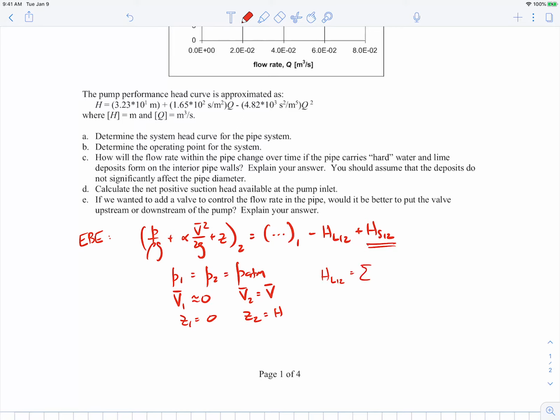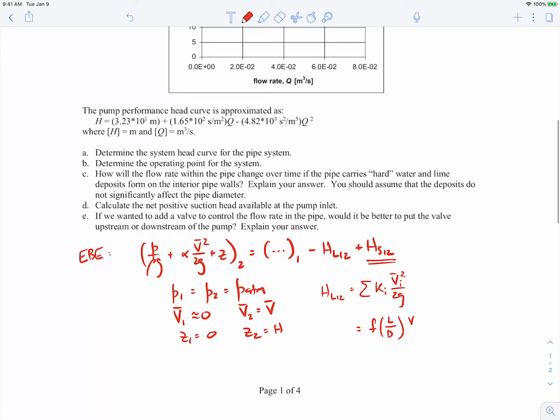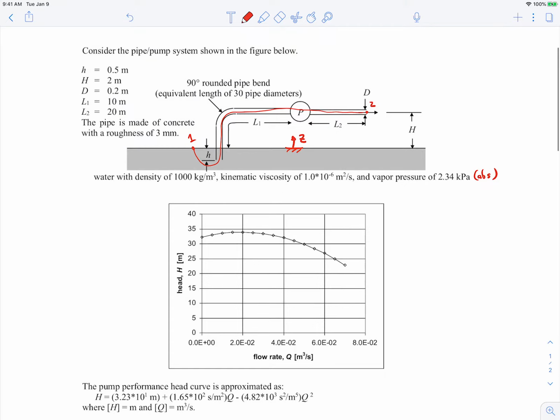So the head loss will be the sum of all the losses between points 1 and 2, multiplied by the velocity heads where those losses occur. So let's go ahead and write down what kind of losses we have. We'll have a major loss. So let me write that in the following way. Before I finish that, let me just go back up to the picture.